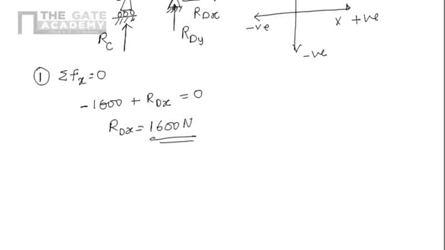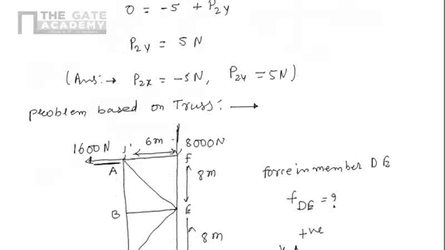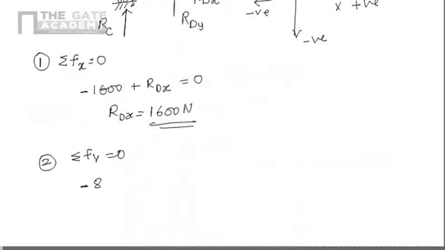Similarly, we can apply condition number 2, that is, the algebraic summation of all vertical forces should be 0, for forces along y direction. If you see here, the 800 Newton is acting in downward direction, means in negative y direction, so minus 800.